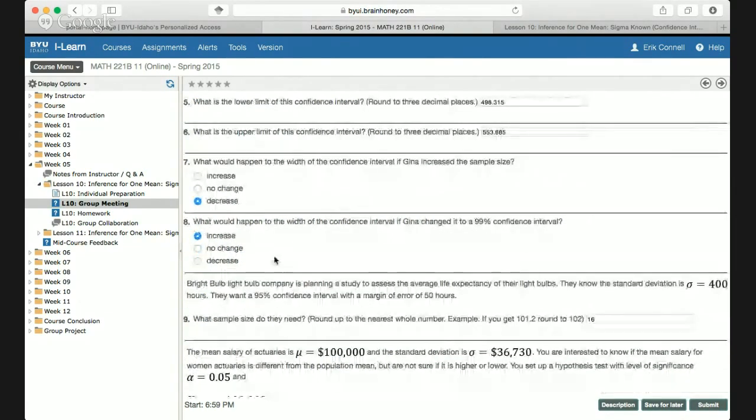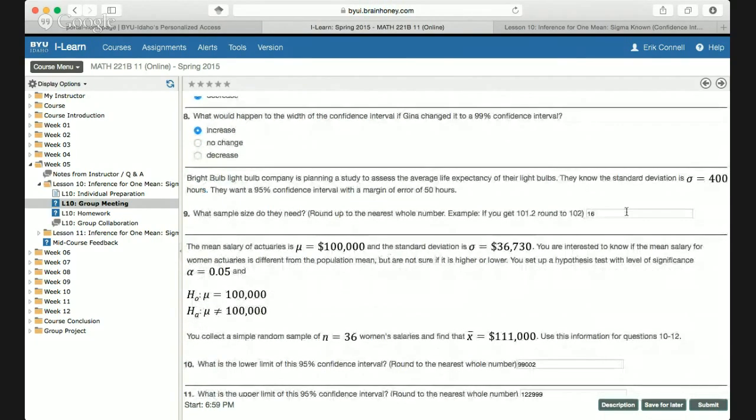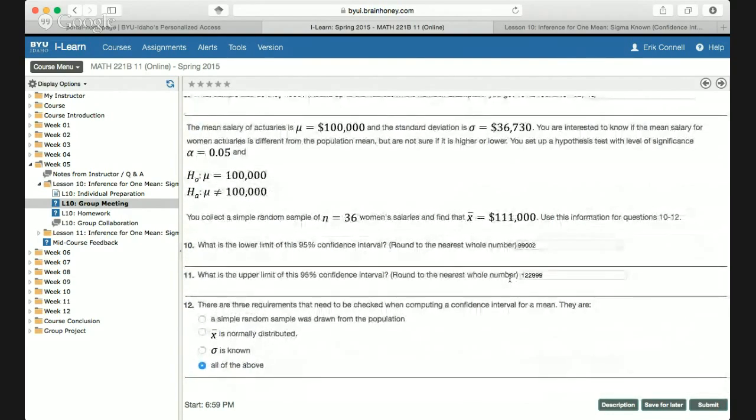It would decrease because it's dividing by a bigger number, and it would increase because it's multiplying by a bigger number. 16. 99,002. 122,999. I'll submit first. All the above. 100%, please. Oh no, we got one wrong. Which was the last one? 16.